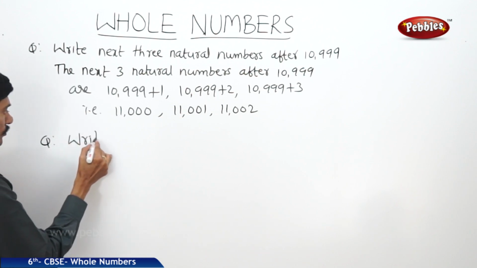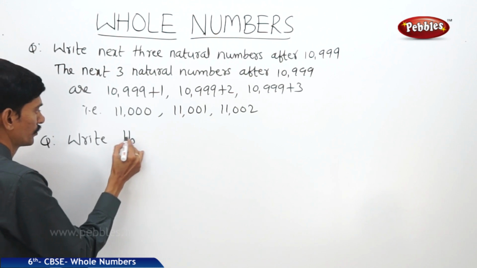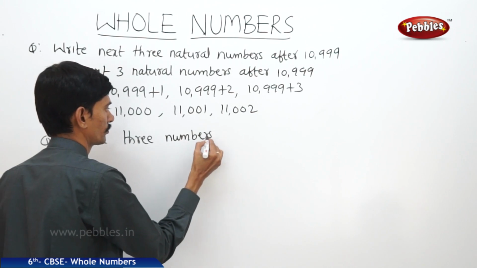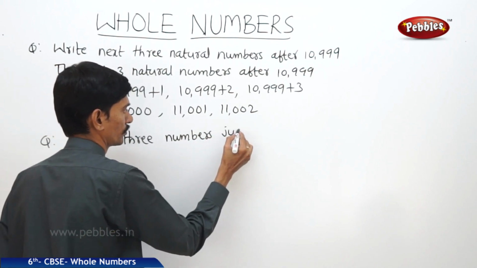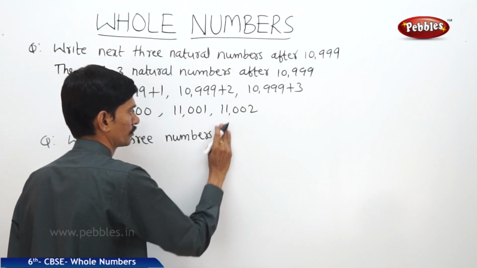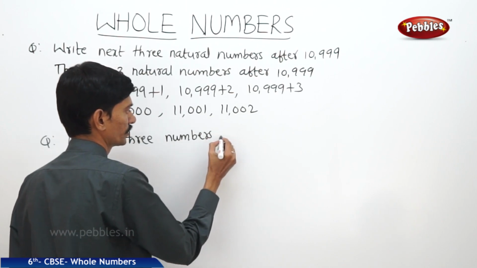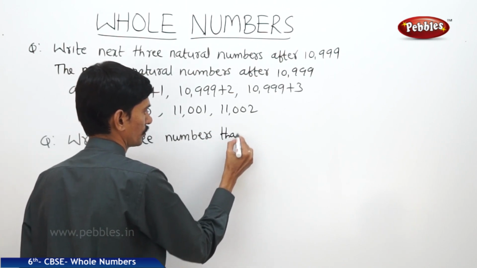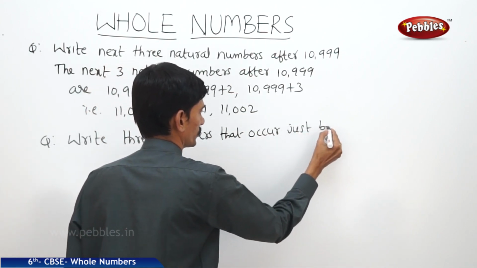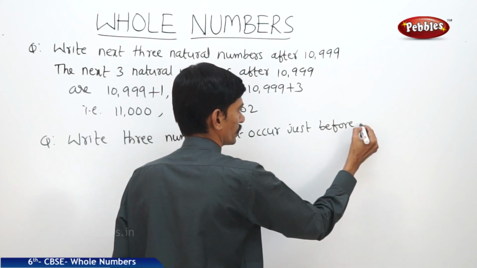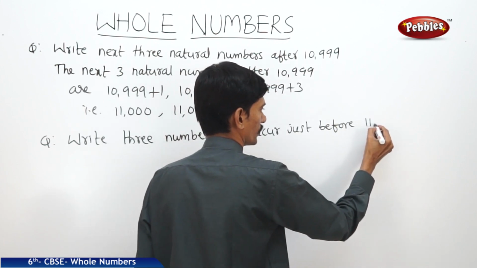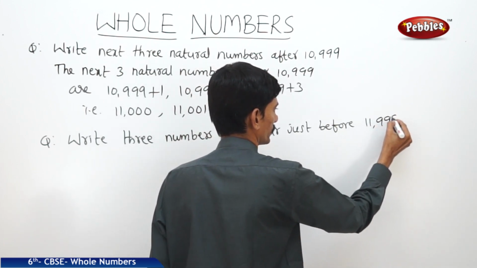Now the next question: write three numbers that occur just before 11,998.